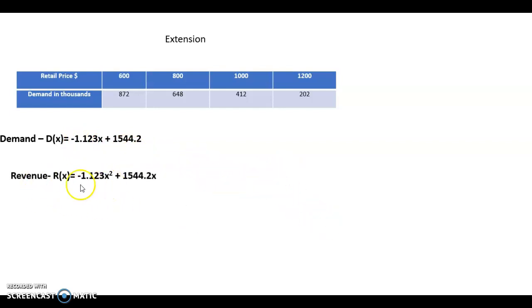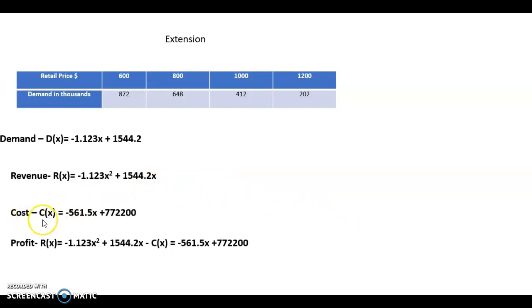And then our revenue is demand times x. So we take this equation and times it by x, and we get negative 1.23x squared plus 1,544.2x.